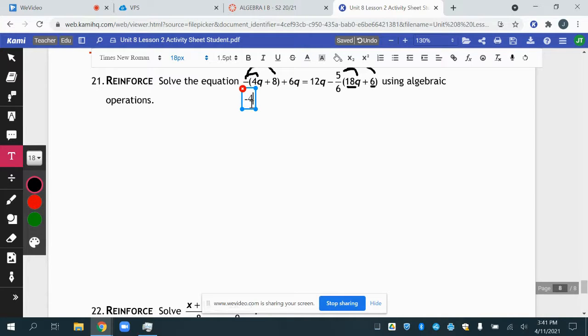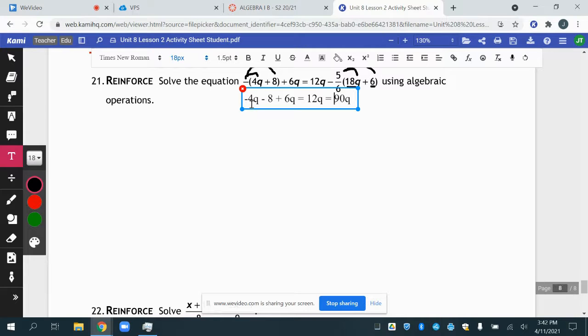Minus 4q, plus, no, minus negative times 8. Negative 8 plus 6q equals 12q minus 5 times 18 is 50 plus 40 is 90q. 5 times 6 is 30.